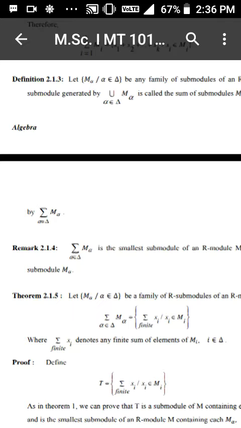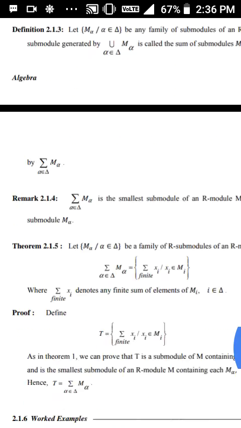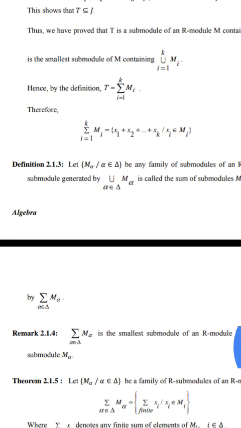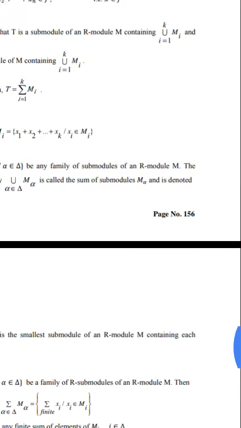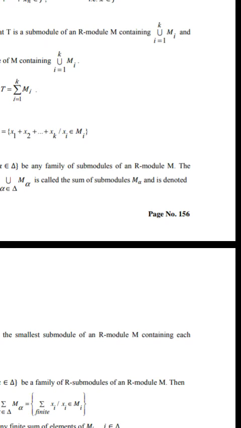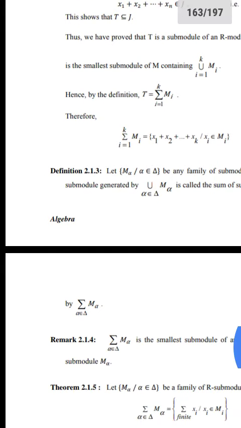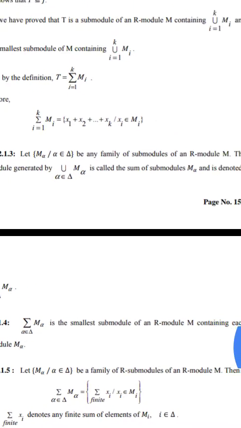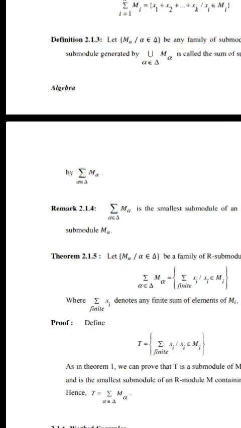Today I will discuss the sum of submodules. Definition: Let M alpha, alpha belongs to delta, be any family of submodules of an R module M. The submodule generated by the union of M alpha, alpha belongs to delta, is called the sum of submodules M alpha and is denoted by summation of M alpha, alpha belongs to delta.